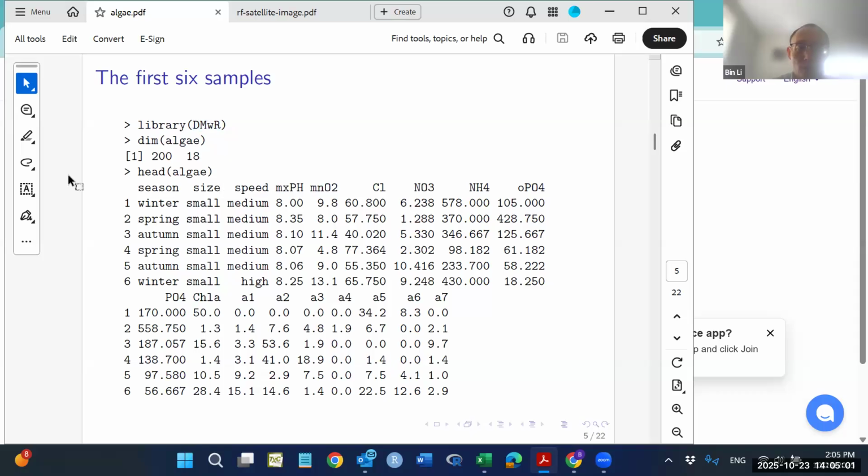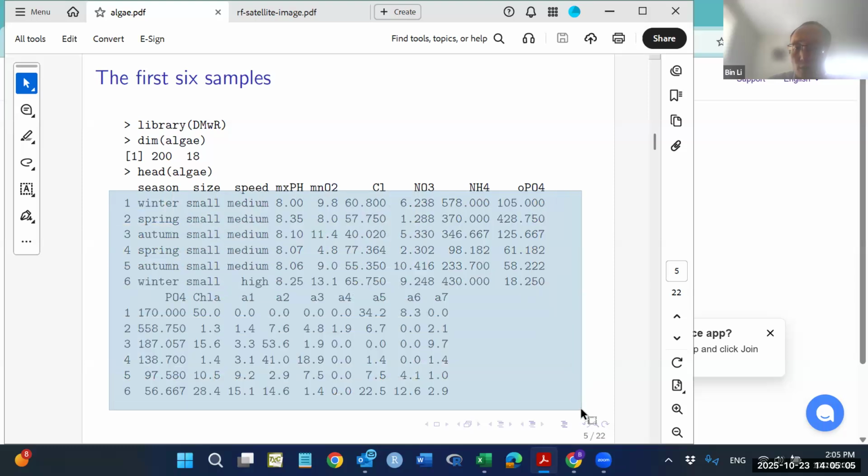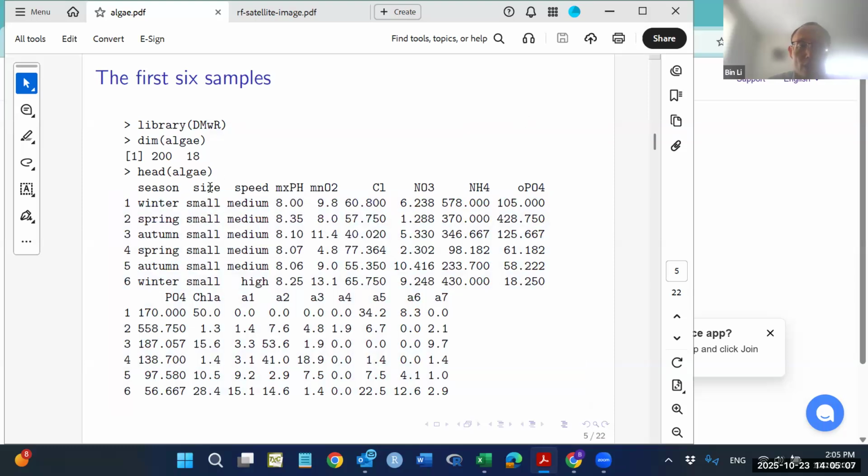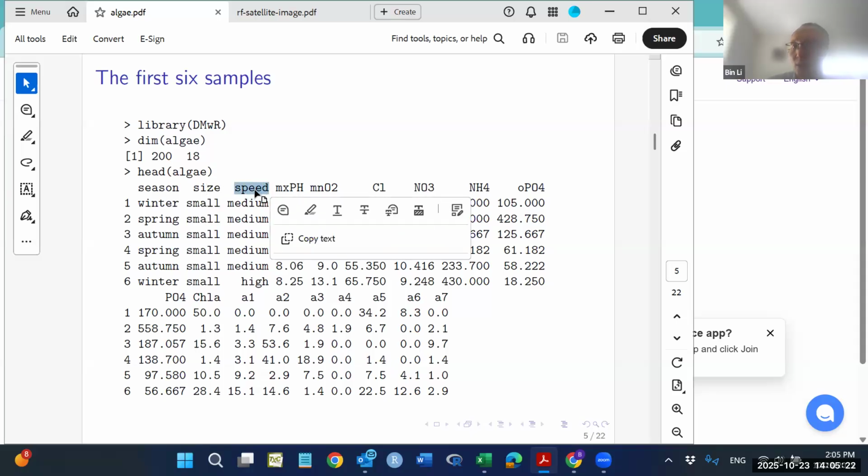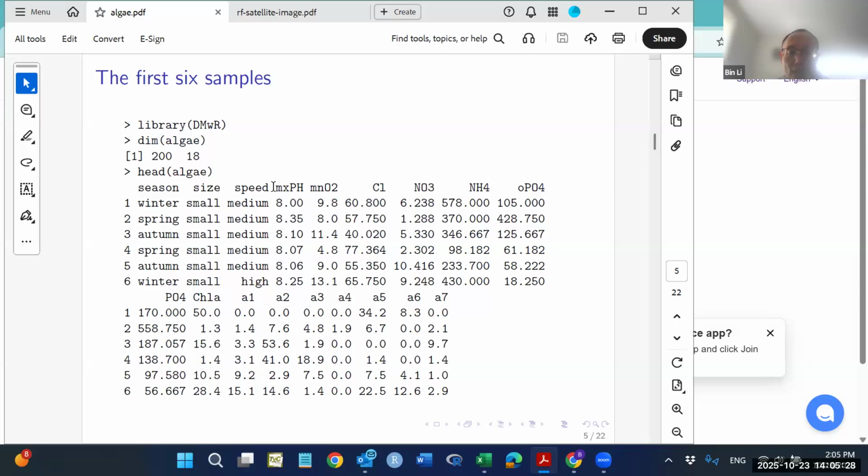Okay, so this shows the first few samples. You can see the first 3 variables are categorical variables: season, size of the rivers, and the speed of the water in the rivers, followed by the 8 chemical parameters.